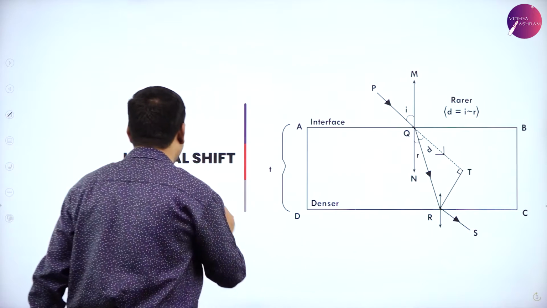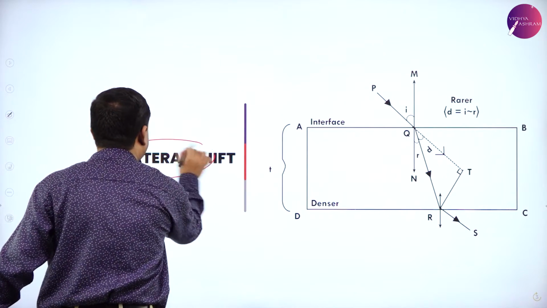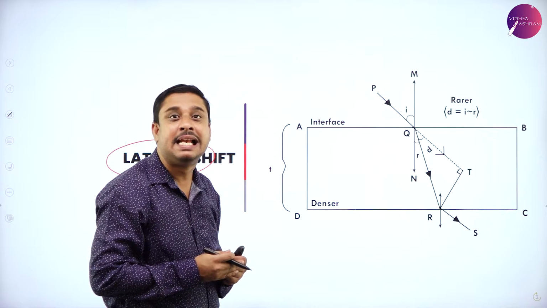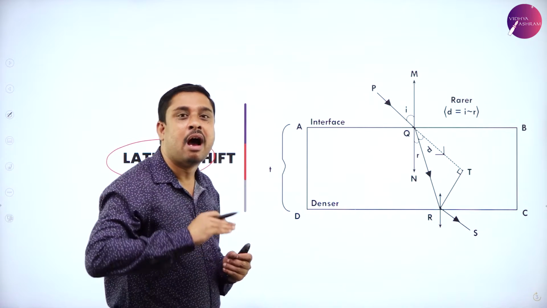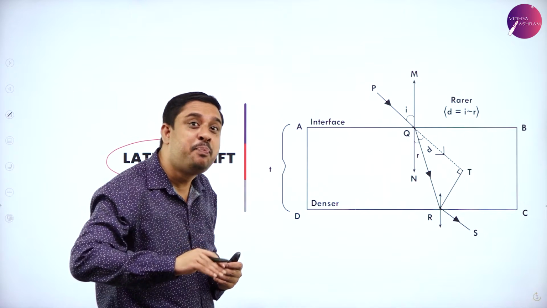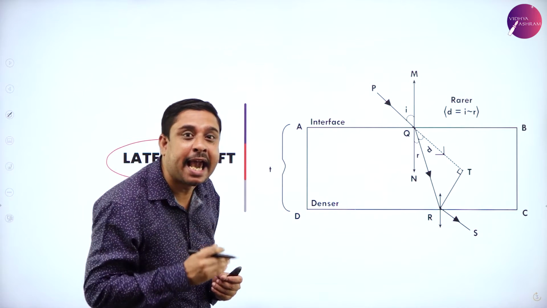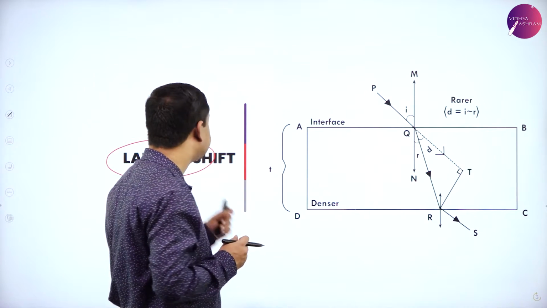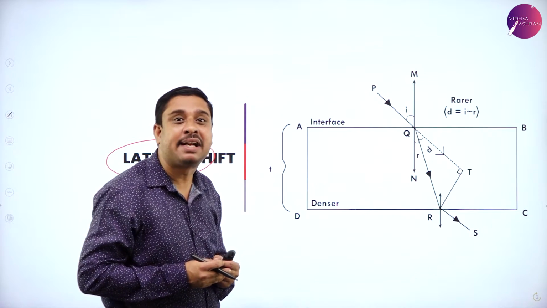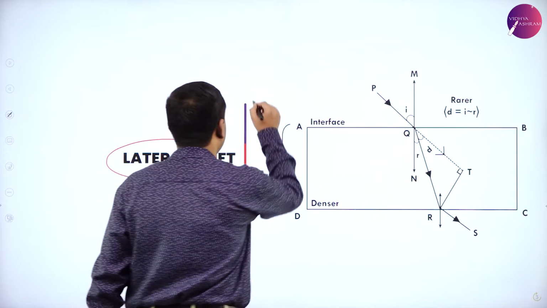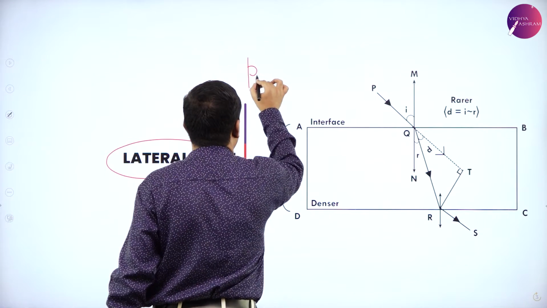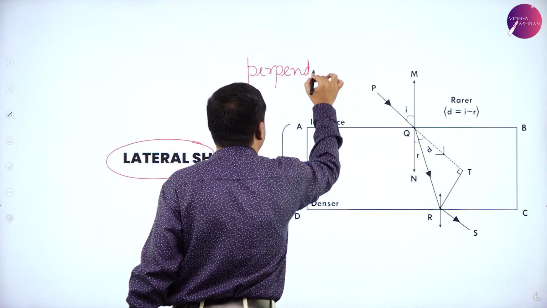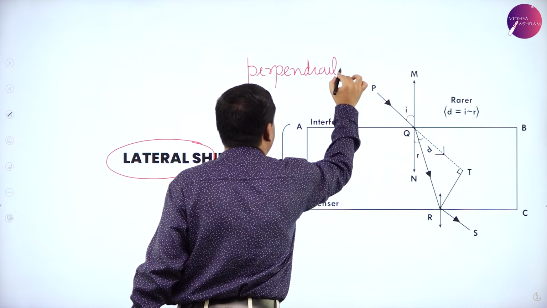Now, in the same way, we try to understand what is lateral shift, another important application of refraction of light. The word lateral means perpendicular.